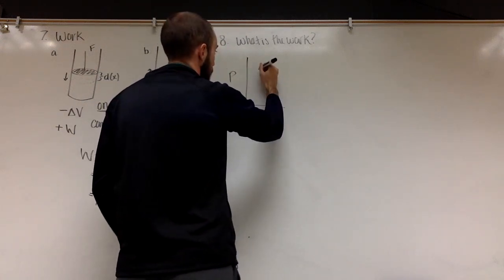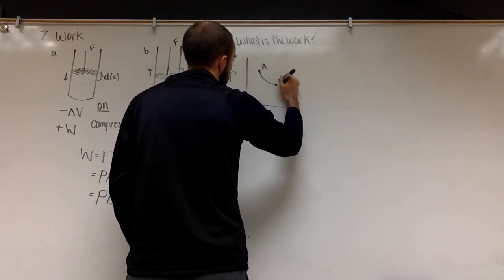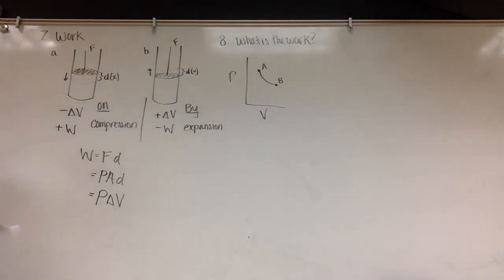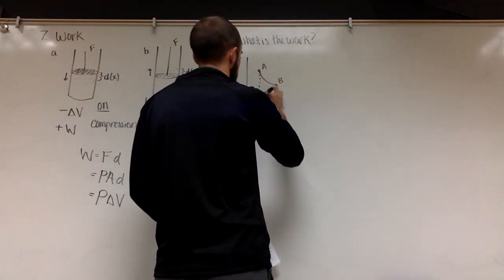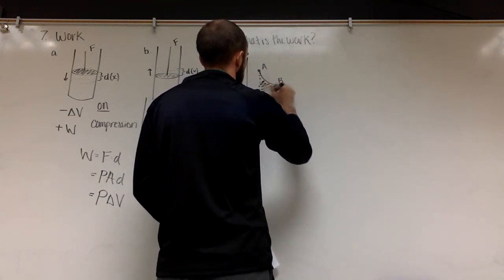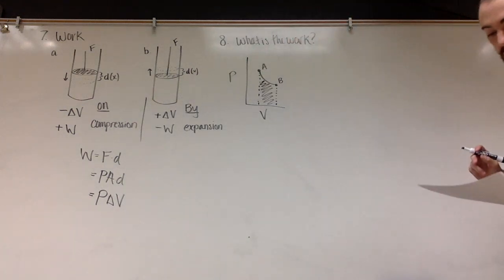So here's a PV graph, and I'm going from A to B. I want you to, on the graph, show me the area where the work is. Take a second, I'll come right back. Hopefully you got it, based on what we just did with that equation, that it's going to be the area under the graph. So this would be the area of your work.